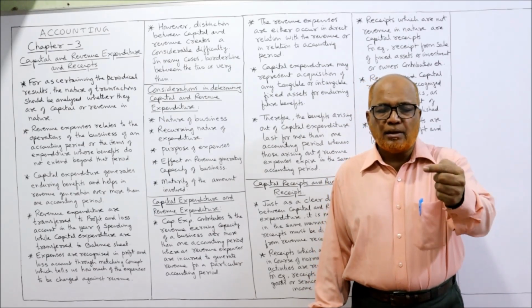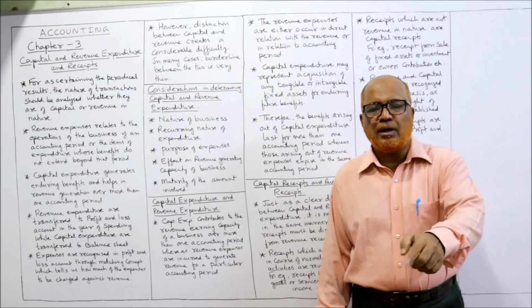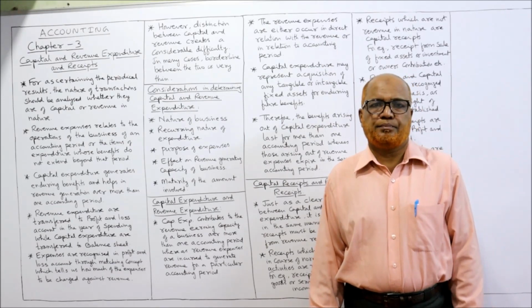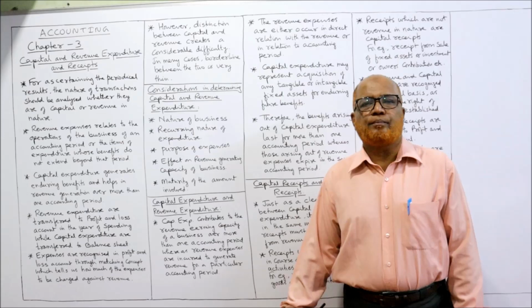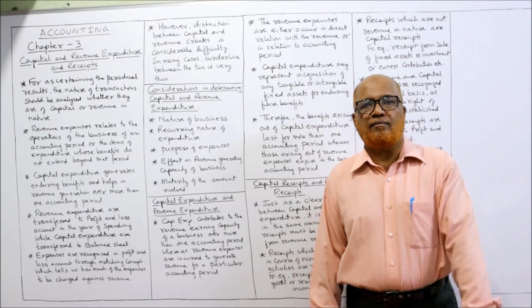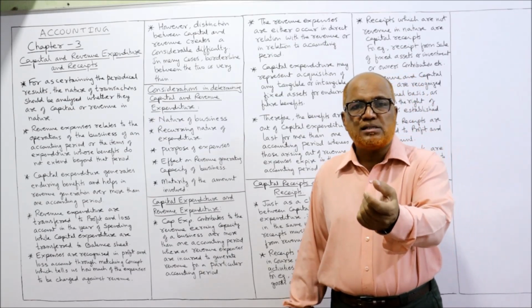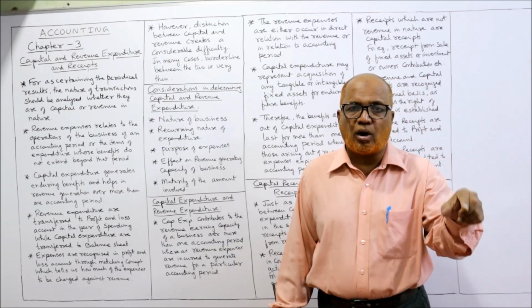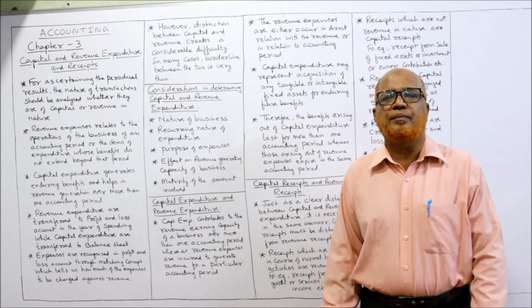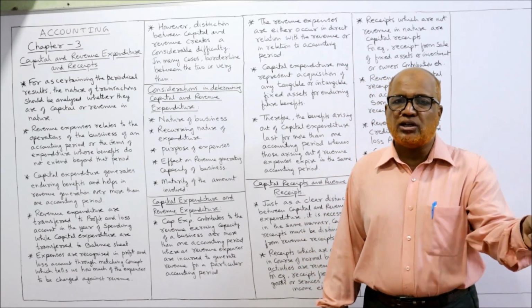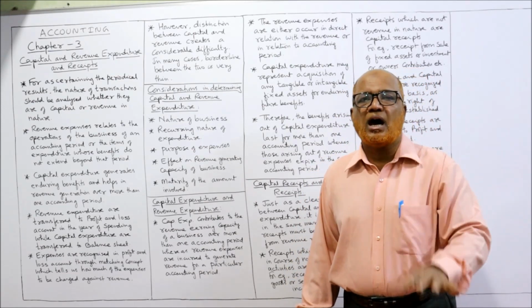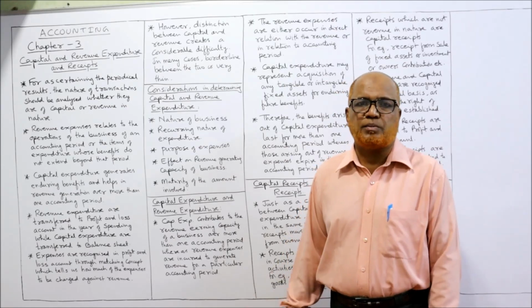So when we apply the matching concept, then only we can be able to get the true profit. So this expenditure, we have to match with the revenue. So we have to find out whether the expenditure is matched with revenue or not for the current accounting period. If the expenditure is matching the revenue, then we should recognize the revenue expenditure.